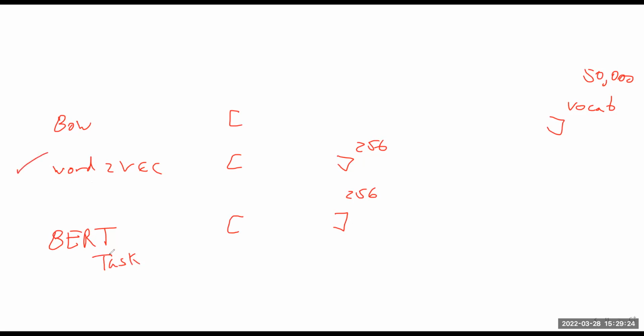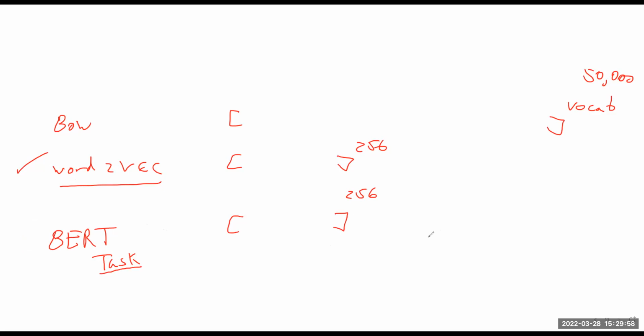If you apply the general BERT, phase 1, to that data set, and you get vectors, the performance of BERT compared to word to vec will not be as good. So word to vec is still pretty good compared to BERT. However, if you apply BERT to a specific task, then for that specific task, the embeddings can be better than the generic word to vec embeddings.